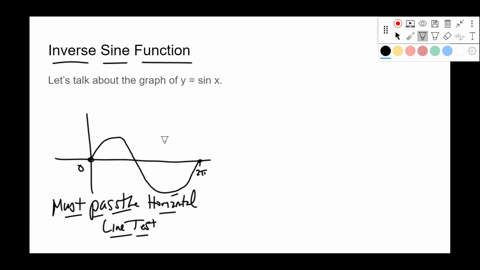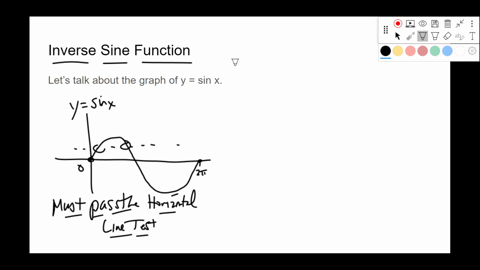The only problem with this graph is it doesn't pass the horizontal line test. It fails it. So does that mean that my graph of y equals sine x doesn't have an inverse? Well, not necessarily. It still can have an inverse, but we have to be selective about some of the angles that we choose. And here's what I mean.